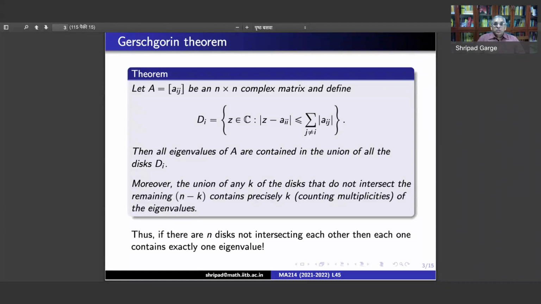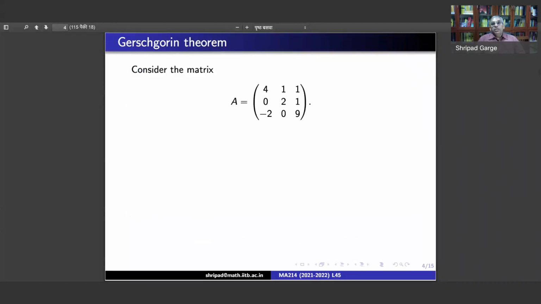Okay, so for instance, take this particular matrix, 4 1 1, 0 2 1, minus 2 0 9. These are the three rows. Now the first disk will be looking at the first row: take the diagonal entry, which is 4, and take the non-diagonal entries, put moduli and take the sum. So that number is 2.